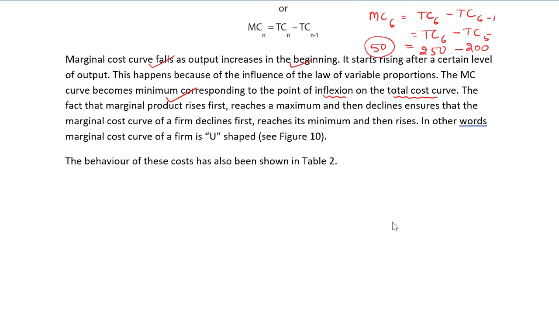The fact that marginal product rises first, reaches the maximum, then declines ensures that the marginal cost curve of the firm declines first, reaches the minimum, and then rises. In other words, the marginal cost curve of a firm is U-shaped. The behavior is shown in table 2.